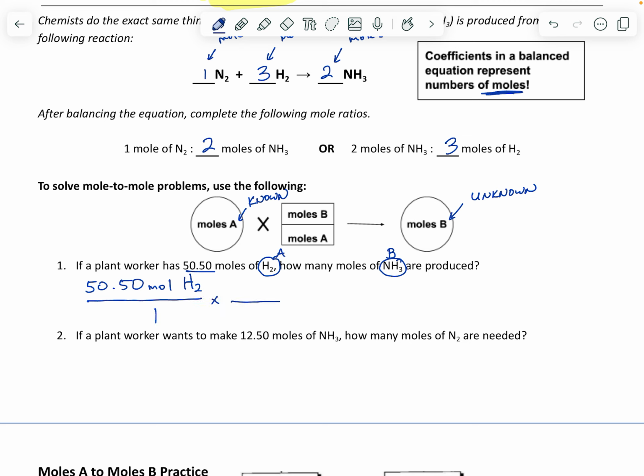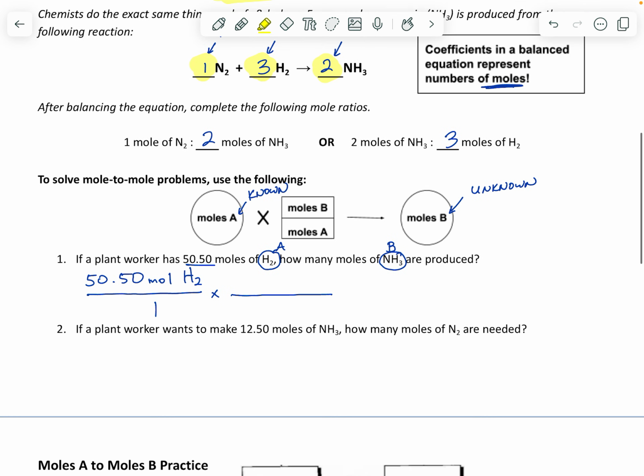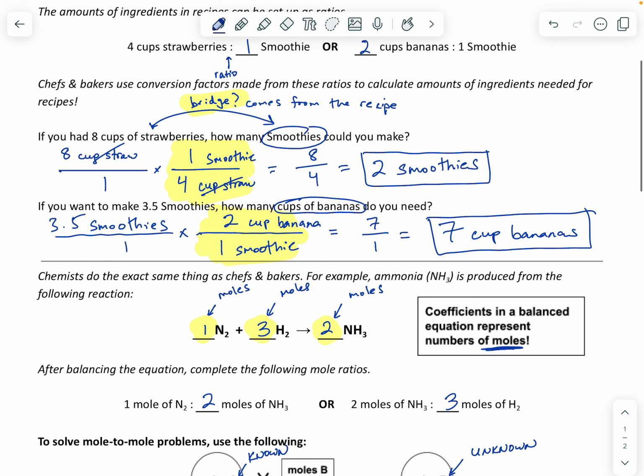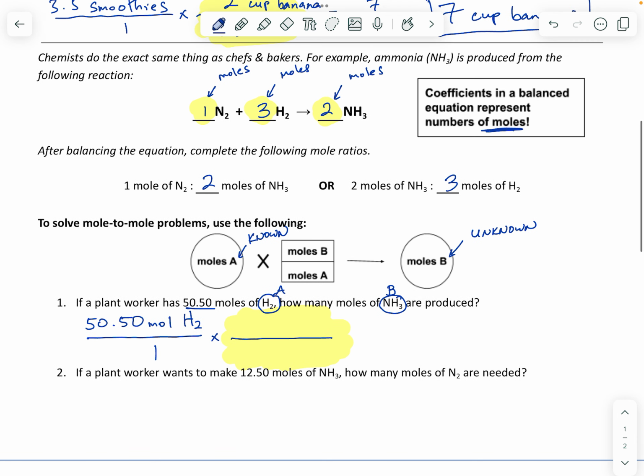And these are one-step stoichiometry problems because we're only using one conversion factor, which is these coefficients from the balanced equation. So this step right here, when we are going from substance A to substance B, is actually how we got from 1 strawberry or 1 smoothie to 2 cups of bananas, right? It's the same idea. We're just now using our chemical recipe for these chemical equations.